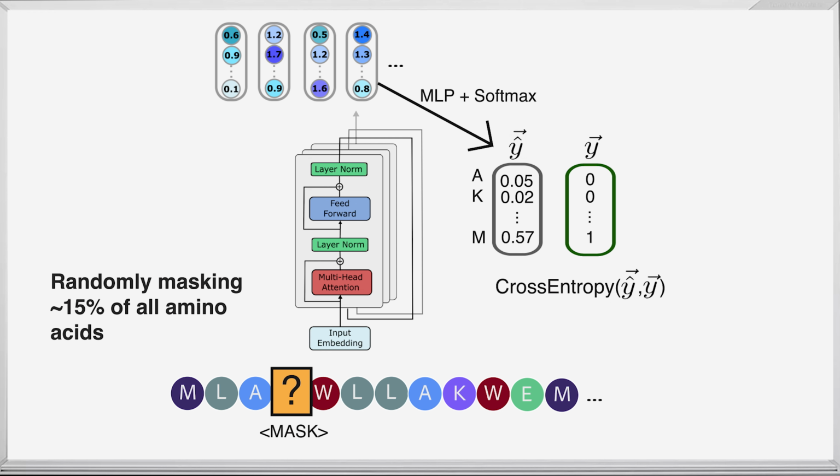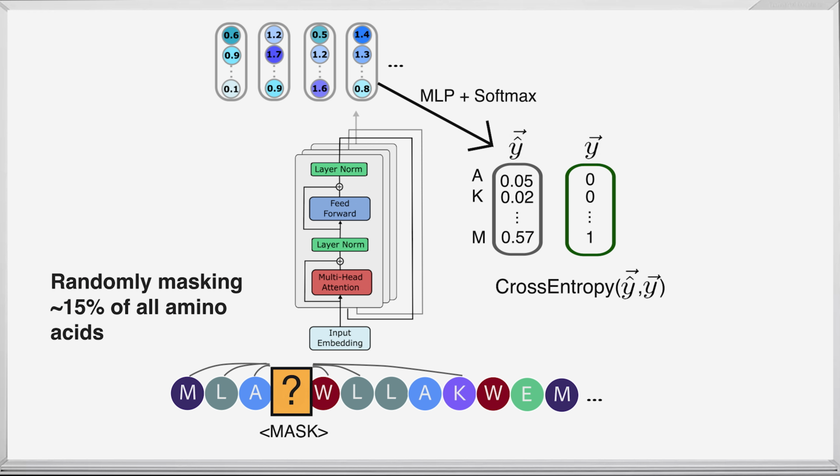But why is this self-supervised training task, where we randomly mask 15% of the amino acids in the input sequence, a good approach to generate better and more meaningful representations of the amino acids in our sequence? To solve this task of predicting the type of a masked amino acid, the model must extract information from the other amino acids in the sequence.